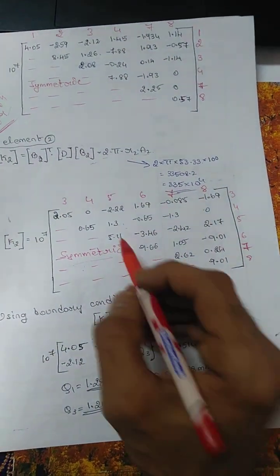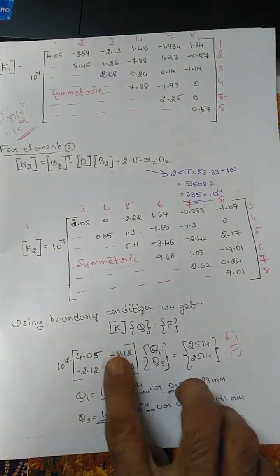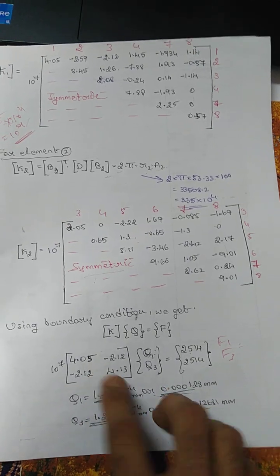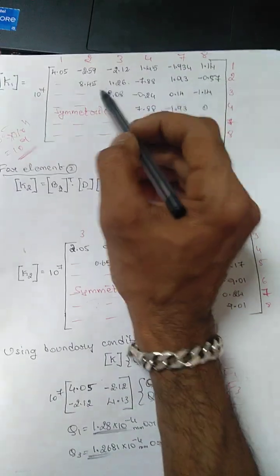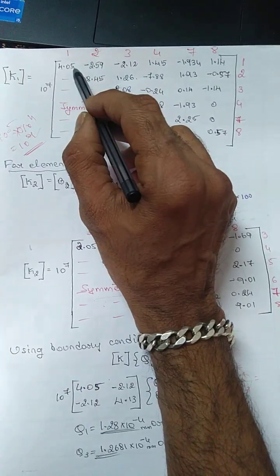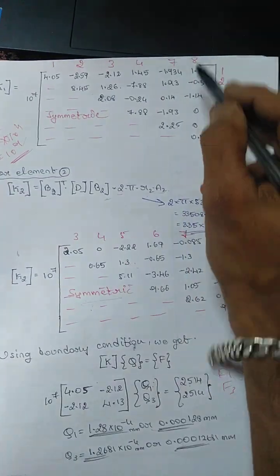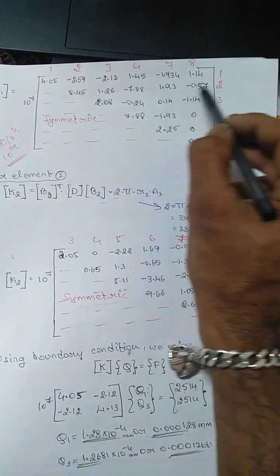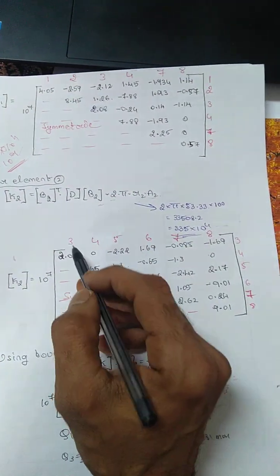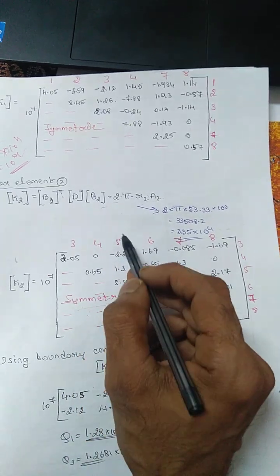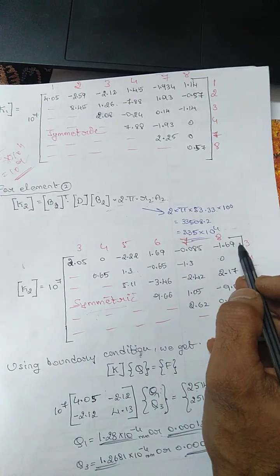By applying boundary conditions and the elimination method, what we will get is this. Elimination method, I think you are aware of it. So 3 and 1 are only available. This will be 0 or eliminated. This portion is eliminated. Similarly for this also, 3 is available, and 4 5 6 7 8 are eliminated.